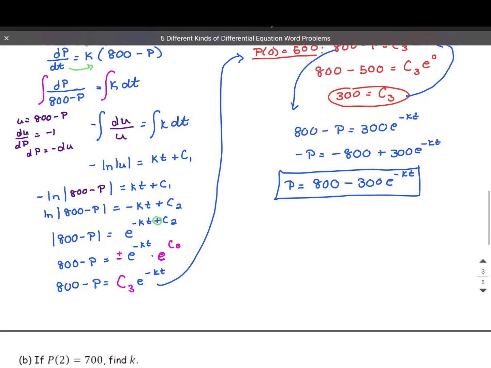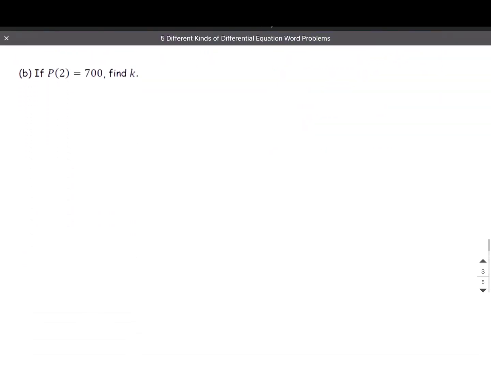But of course, the problem's not done. So I'm going to rewrite that equation down here. P of t is 800 minus 300 e to the negative kt. Now they're telling us that if p of 2 is 700, we want to find k. So we're going to substitute in.